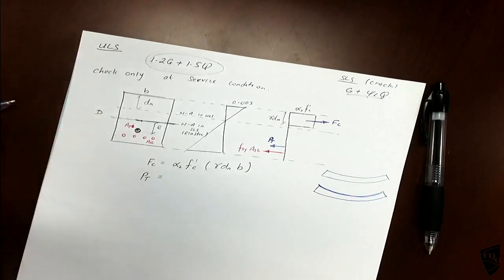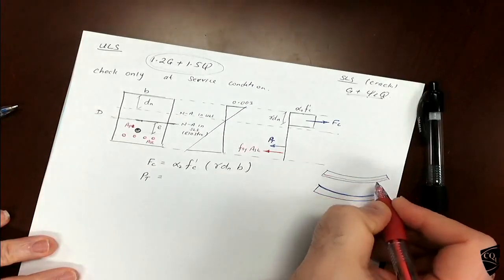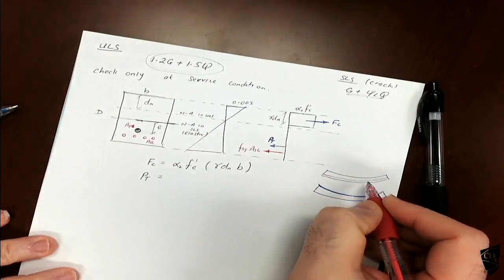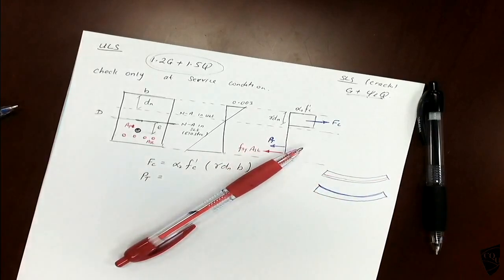So what will happen if you bend further? What will happen to the steel inside? You have the steel inside, isn't it? You put the steel here. So what will happen if you increase the bending?